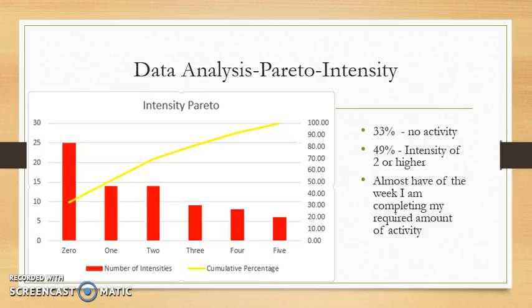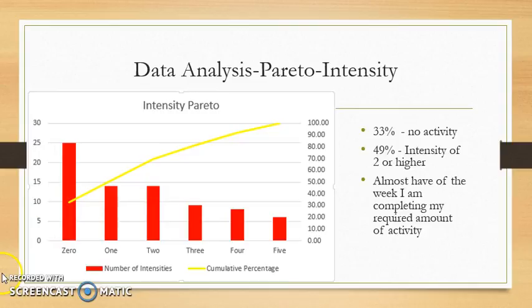Moving on to the next Pareto, this one looked at those intensity rankings. This laid out all of my intensities throughout the whole time period, and you can see that there was a large portion that were 0, 25 of them.